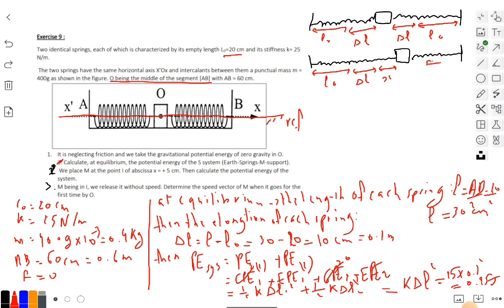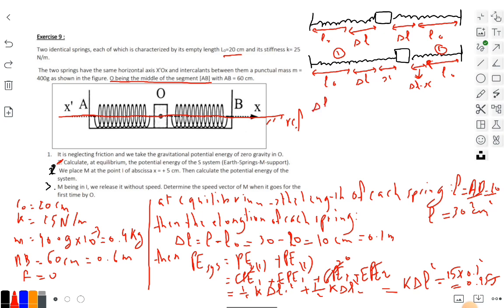Here, this is L0, and this distance is equal to delta L minus x. So delta L1, this is the first spring, and this is the second spring.